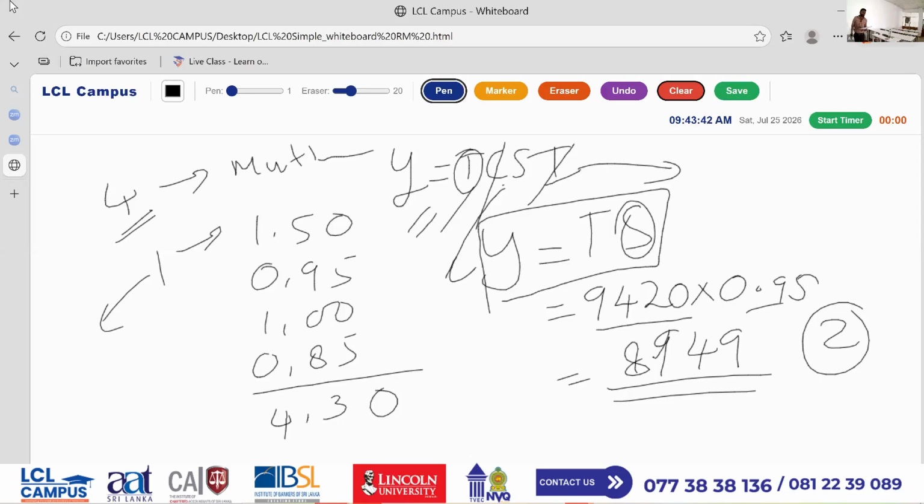This is the second quarter seasonal index, see in the table. Then y equals T multiplied by S. After multiplying, the answer would be 8949.